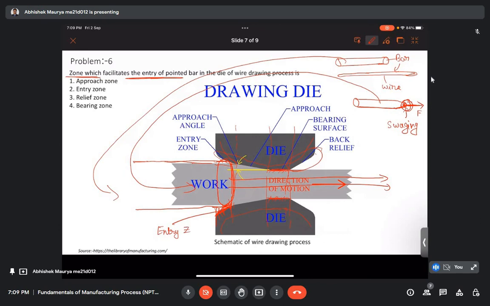If our bar passes easily through the entry zone, and does not get stuck here or hit the die, then the other things are easy to do. If we are easily able to pass through the entry zone, then we can easily go for the wire drawing. So the correct answer for this question is the entry zone.